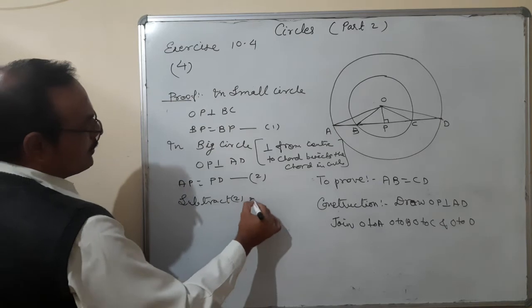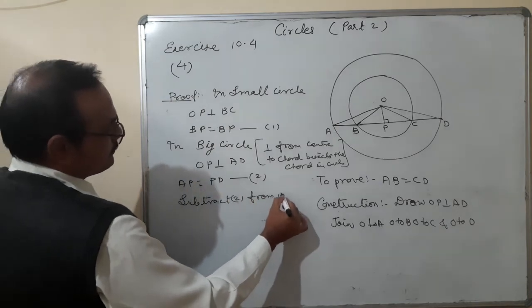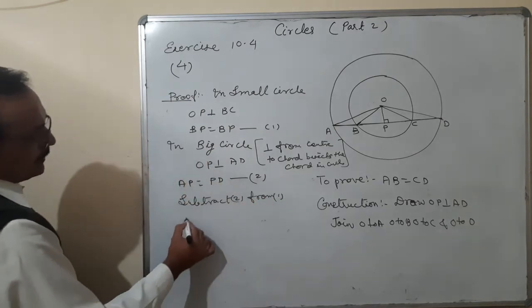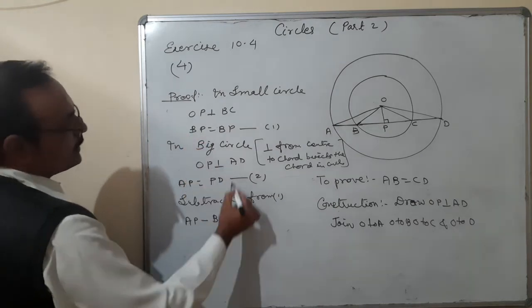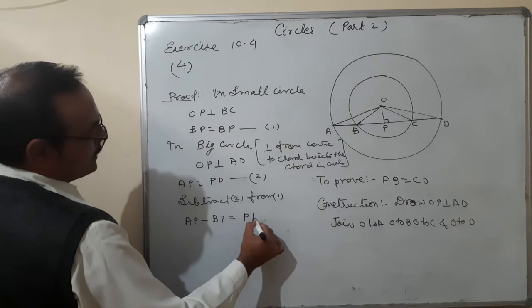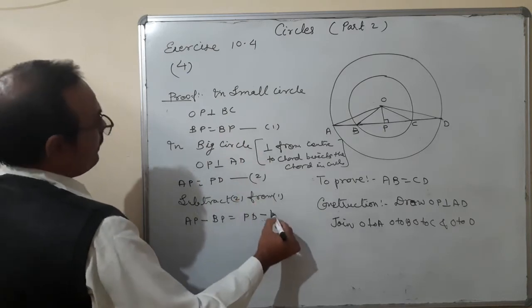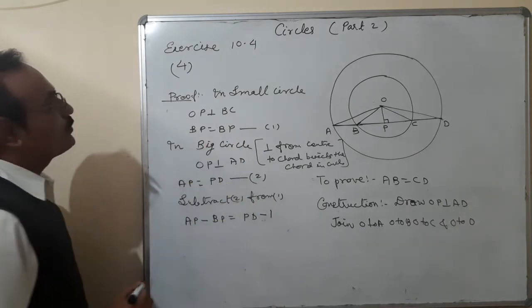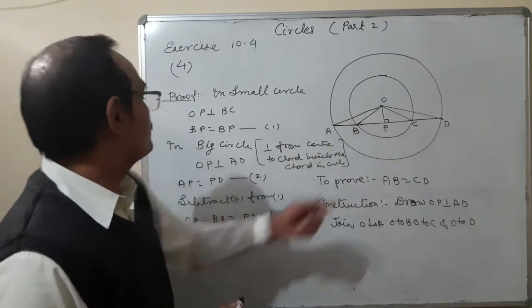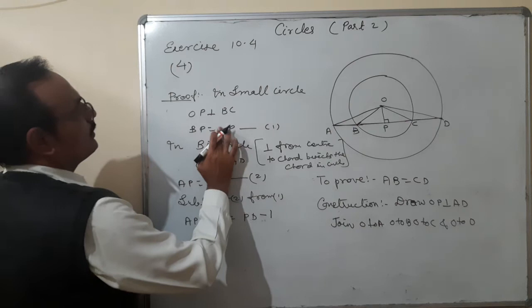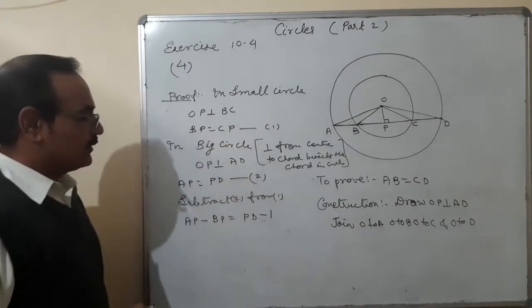Subtract second from first. So it is coming AP minus BP is equal to PD minus BP. What have I written here? OP perpendicular to BC, that means BP is equal to PC. PC will be coming here.